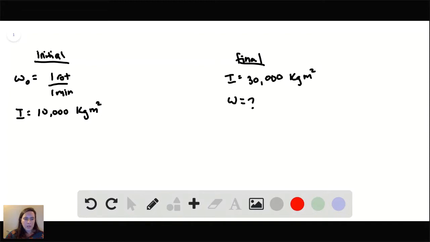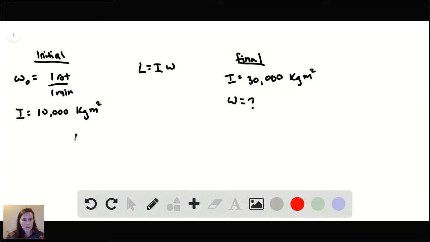All right, so we know that angular momentum is equal to I omega. Omega we'd need to turn into radians per second, but we don't really have to because we can just look at it in the units that it's in.